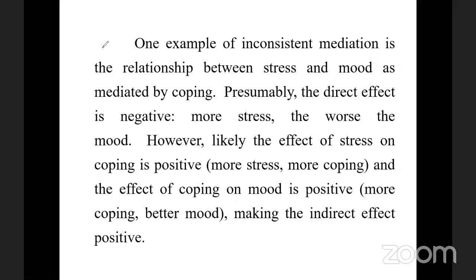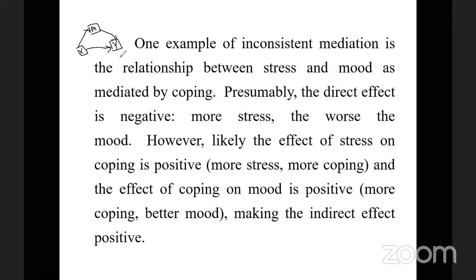So I am showing here this is the mediator variable, this is the y outcome variable, and x is the independent variable. Inconsistent mediation here means the relationship between stress and mood.